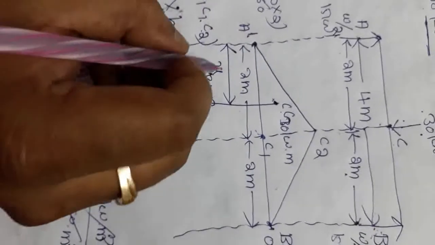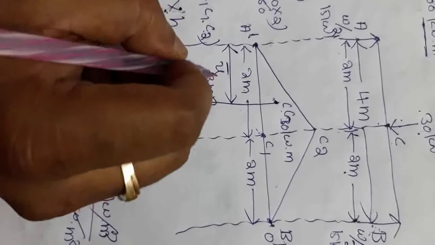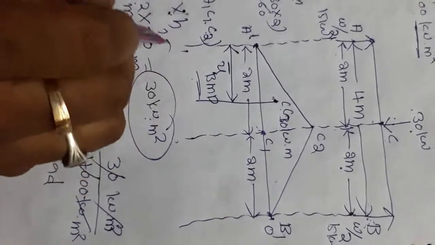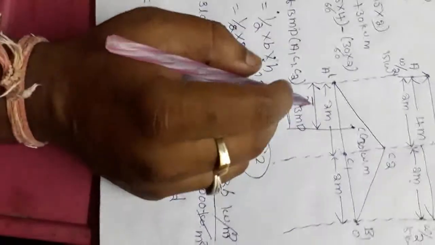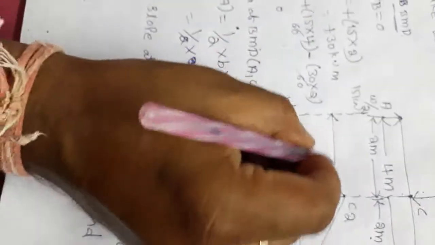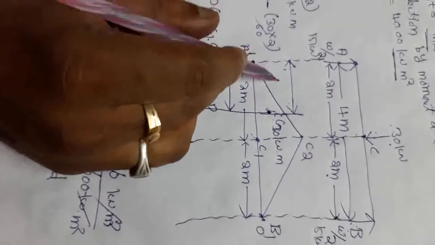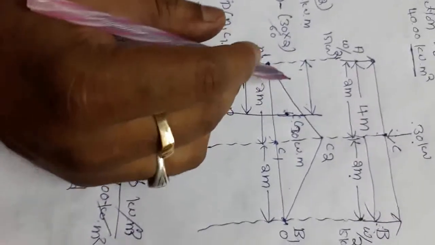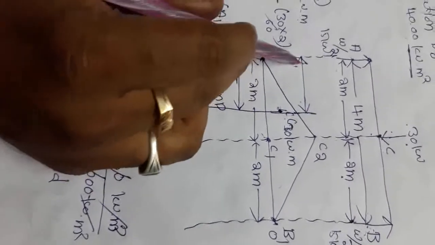The distance between the center of gravity and A dash is x bar. So the distance from the center of gravity of the BMD to A is nothing but x bar.